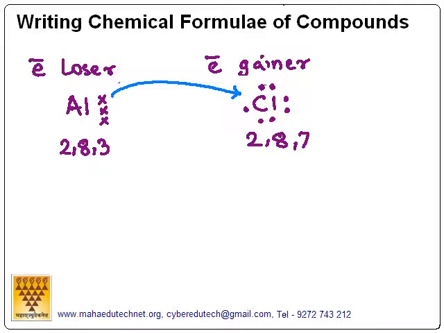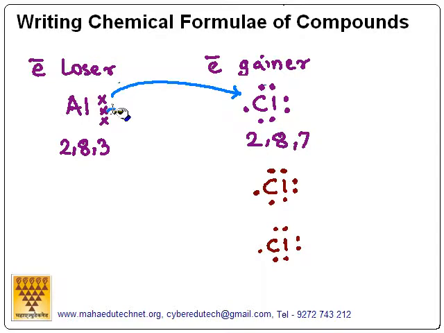So 2 more chlorine atoms can come into the picture, and each chlorine atom will require 1 electron to attain the stable state.